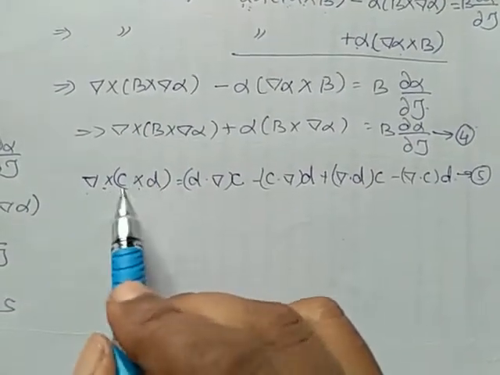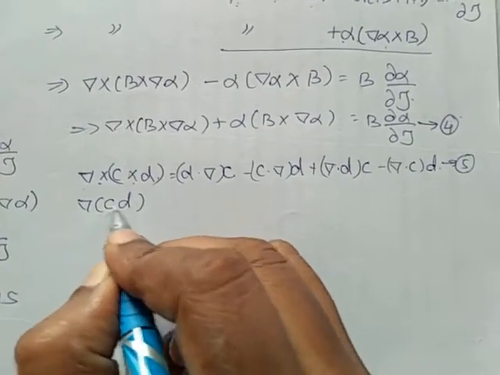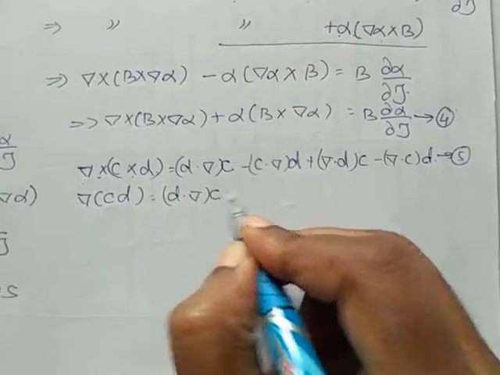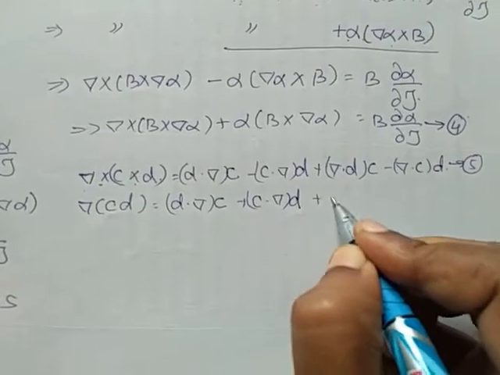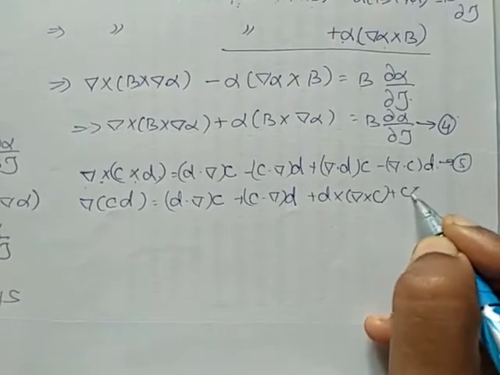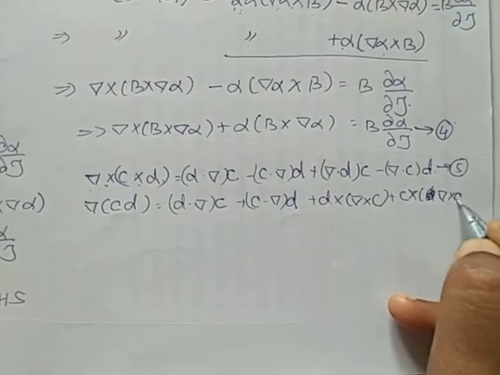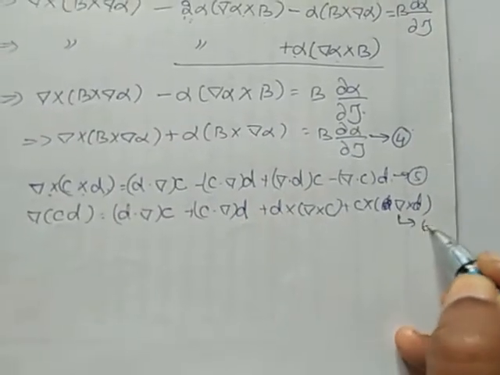This is curl of C D. Divergence of C D is D dot del C plus C dot del D plus D cross del cross C plus C cross del cross D. This is our equation 6.